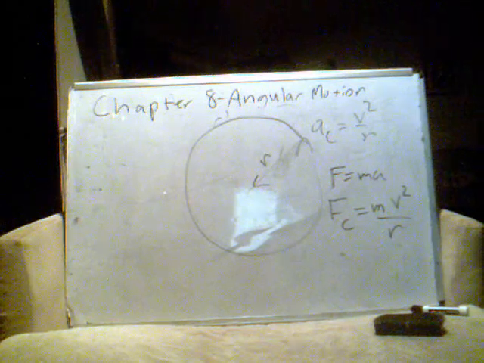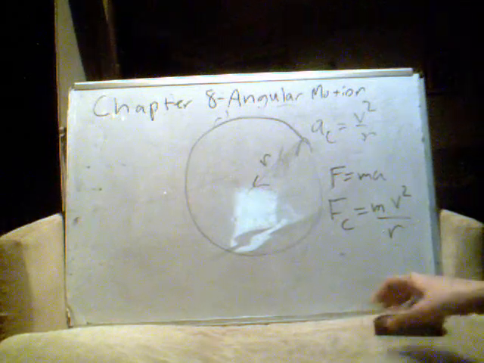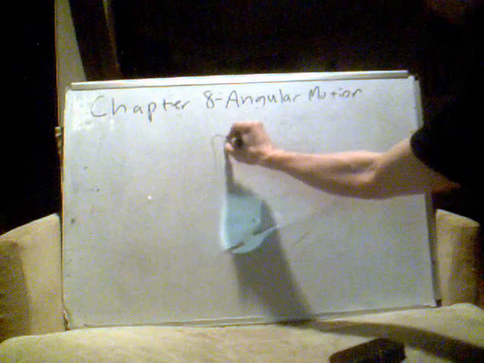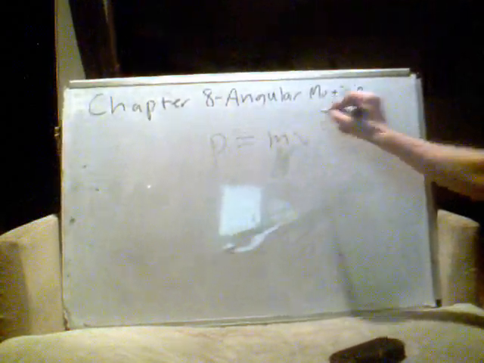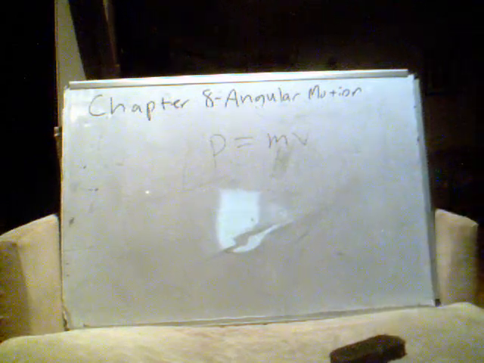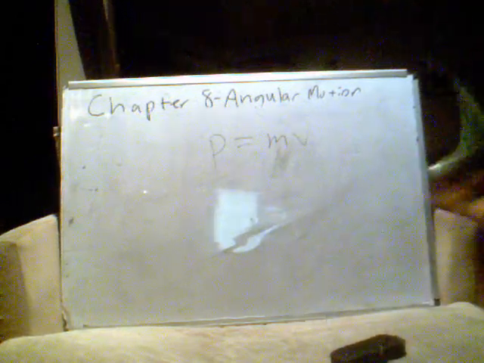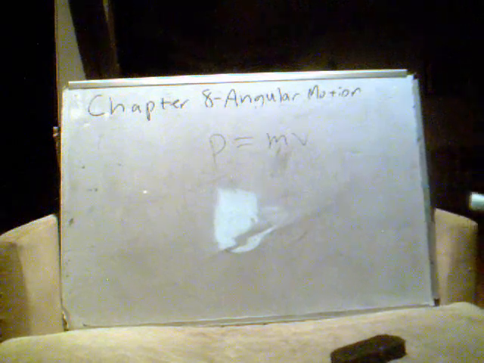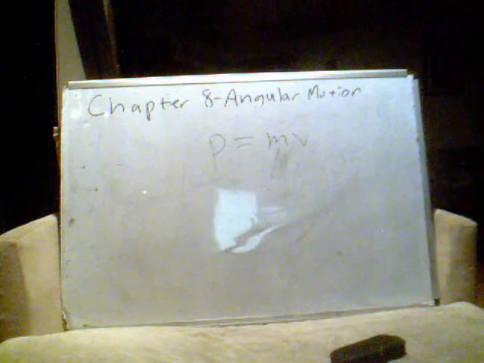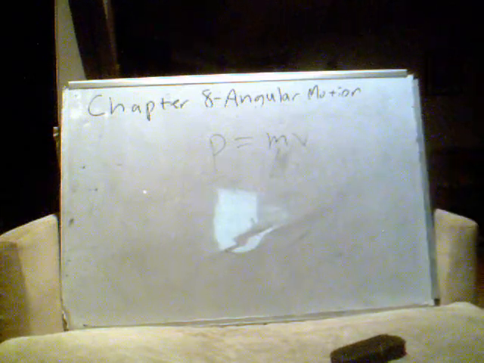In any case, recall that momentum in the linear sense is mass times velocity. And usually, we use a lowercase p for that. Momentum is mass times velocity. Now, obviously, if something is rotating, you're going to have to apply a certain amount of force over time, a certain amount of torque over a certain amount of time, in order to try to reduce its momentum to make it stop.